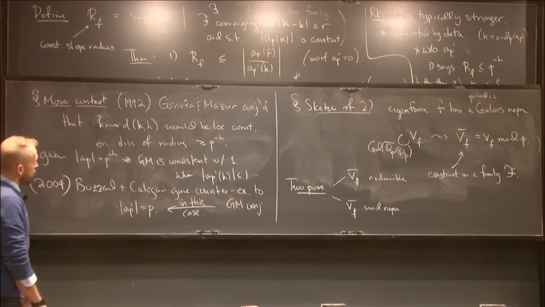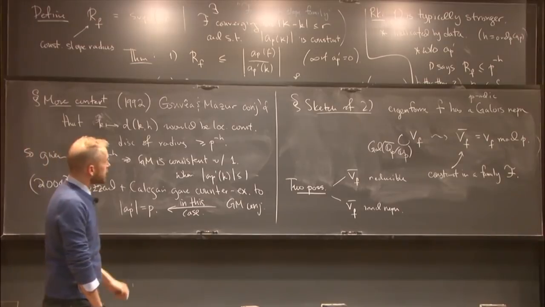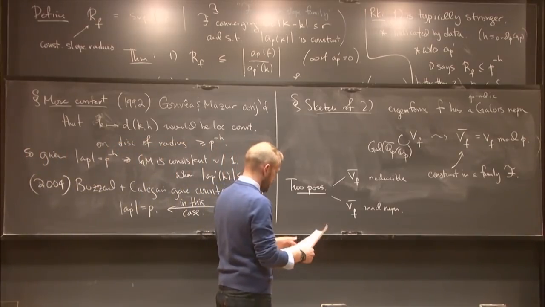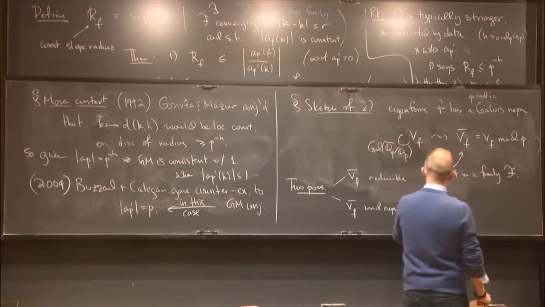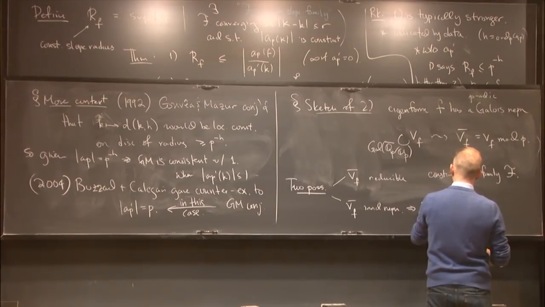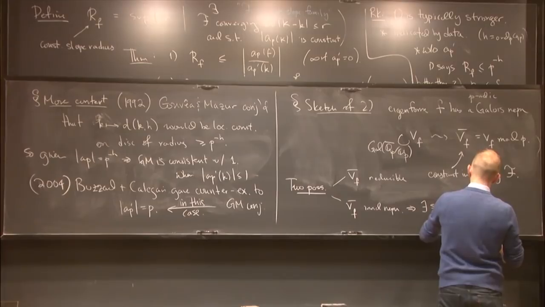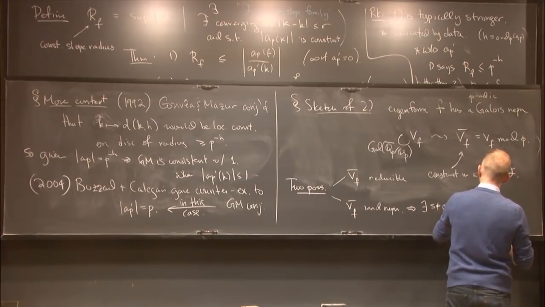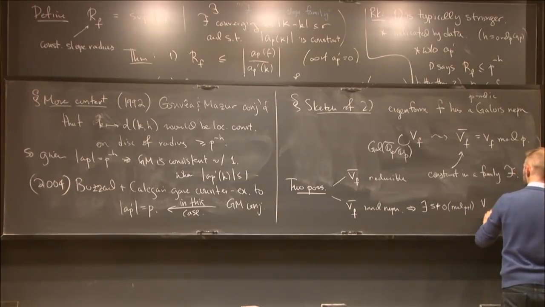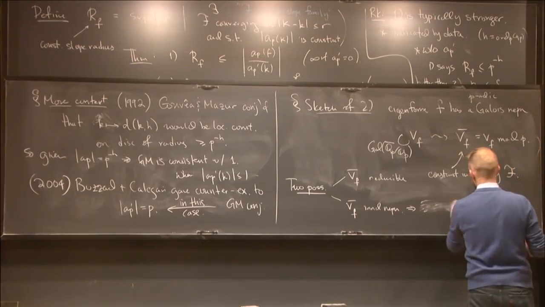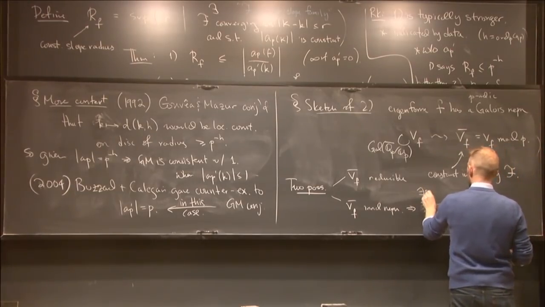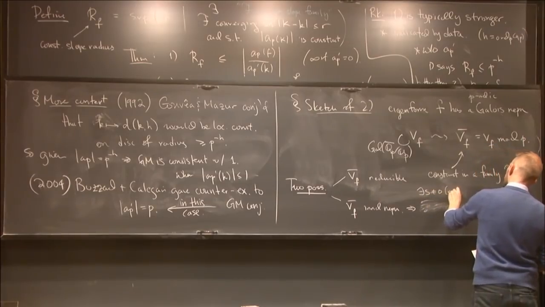Okay. And in the irreducible case, for a long time, we knew that there exists a special form for these representations. So there's some integer s that's not 0 mod p plus 1.